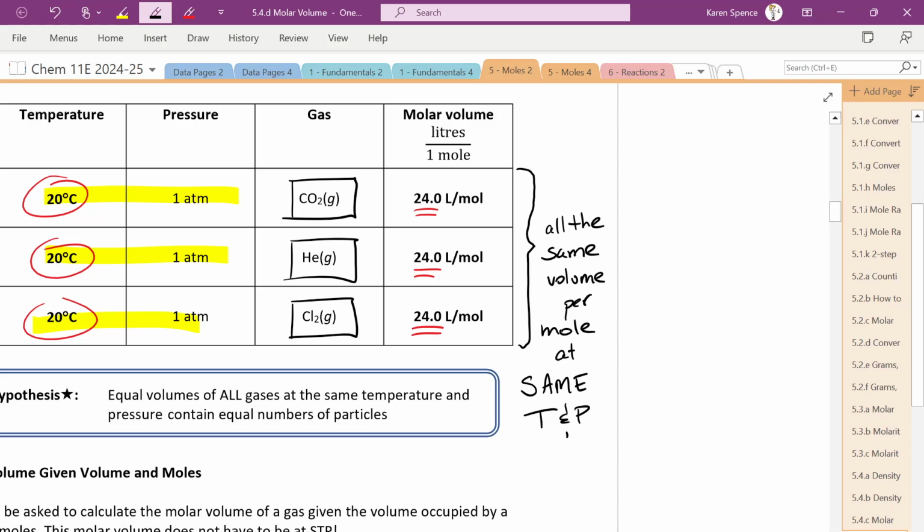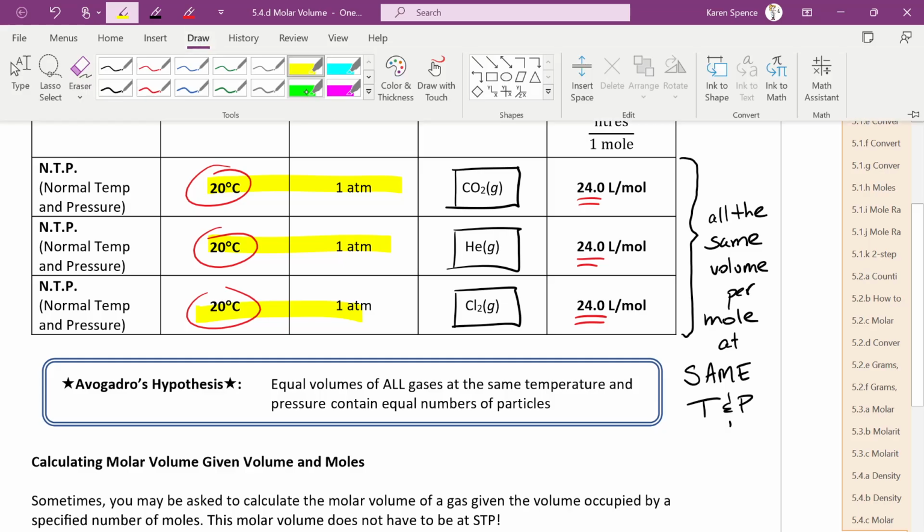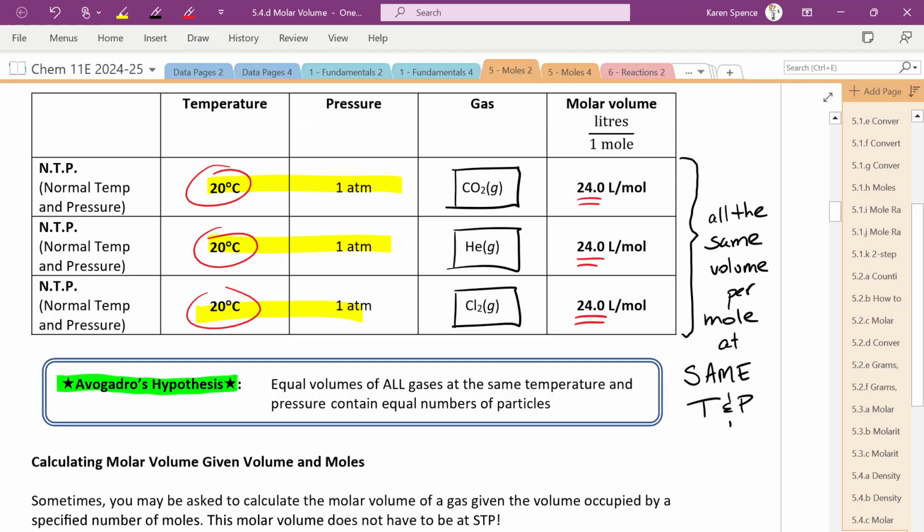So I put stars around this, but I feel like I should have made it bigger, maybe a bigger font, maybe bolder. This is Avogadro's hypothesis, and this is important. Avogadro's hypothesis just takes what we just said here, all the same volume per mole at same temperature and pressure. It just makes it more expansive.